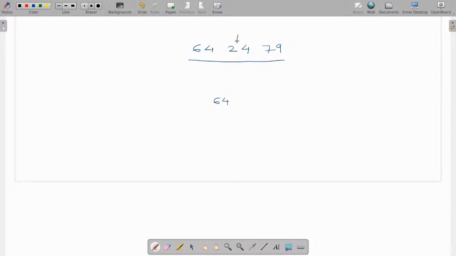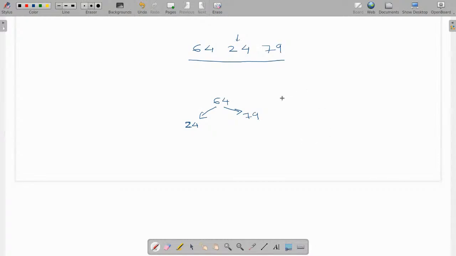Now 24 comes in. I compare 64 with 24, and 24 is lesser than 64. So adhering to the binary search property, I'll append 24 as the left child of the tree. Similarly for 79, I'll append 79 as the right child of the tree.